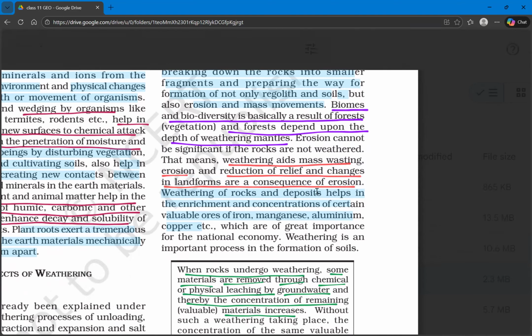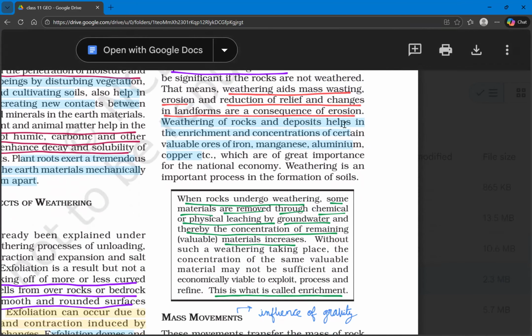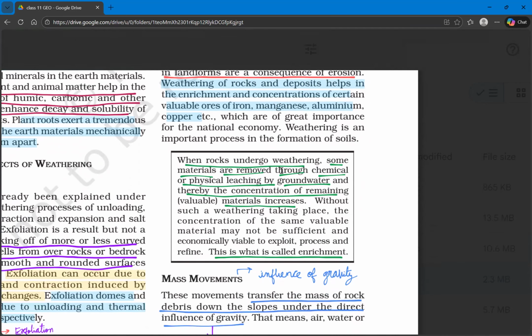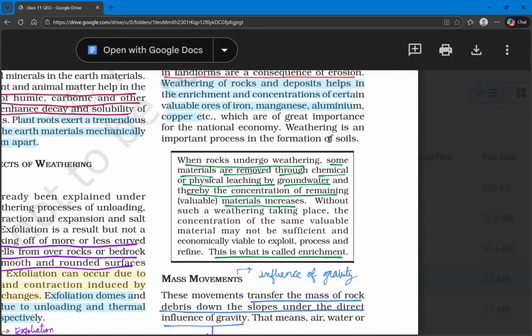Weathering of rocks and deposits helps in the enrichment and concentration of certain valuable ores of iron, manganese, aluminum, etc. So weathering helps in enrichment and concentration of valuable ores, which are of great importance for the national economy. Weathering is an important process in the formation of soil.